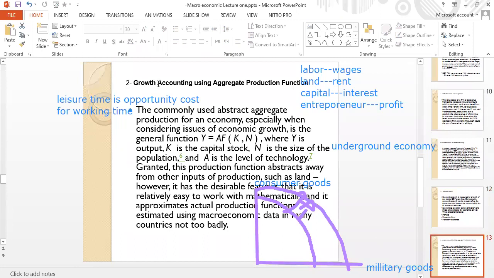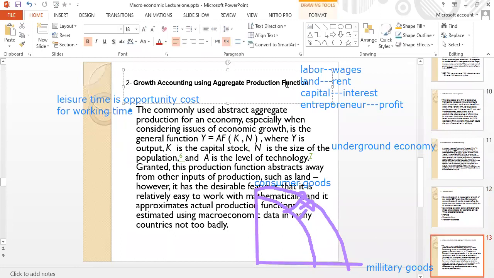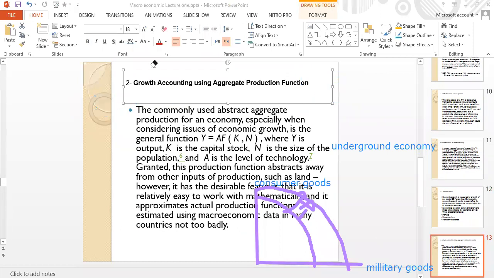We then have growth accounting using the aggregate production function. When we use the aggregate production function, we can say that we have growth. And how can we calculate it? We calculate growth by using a general function.